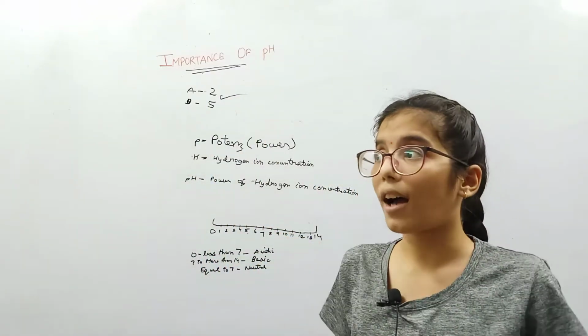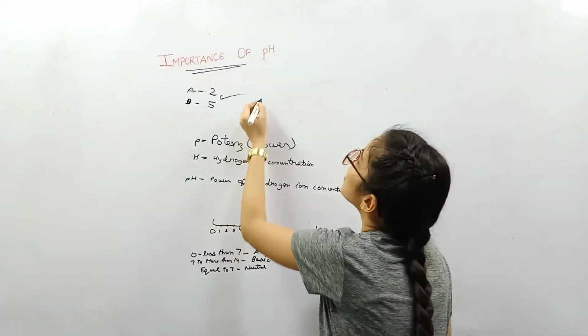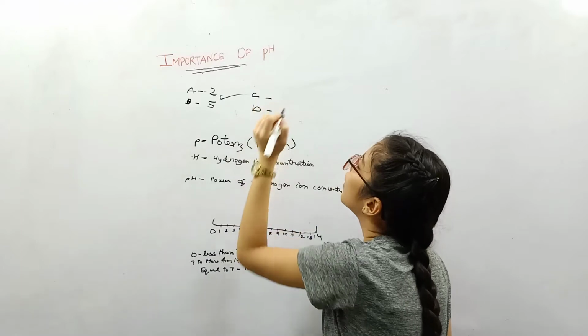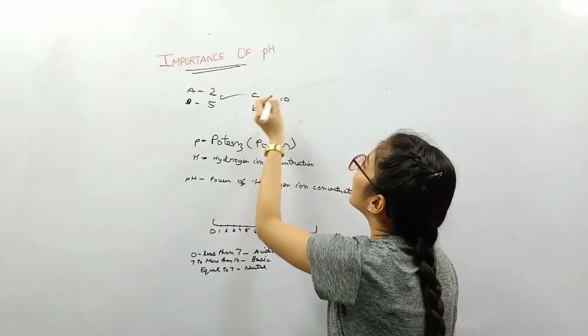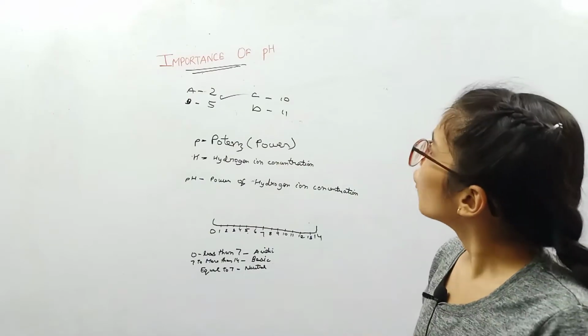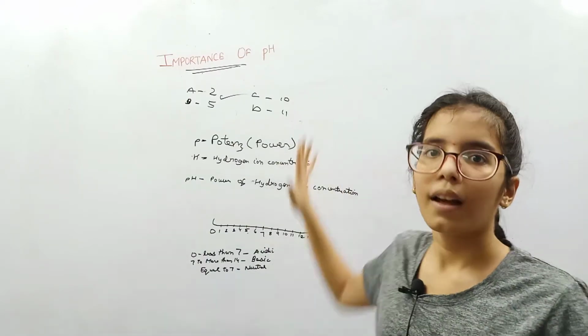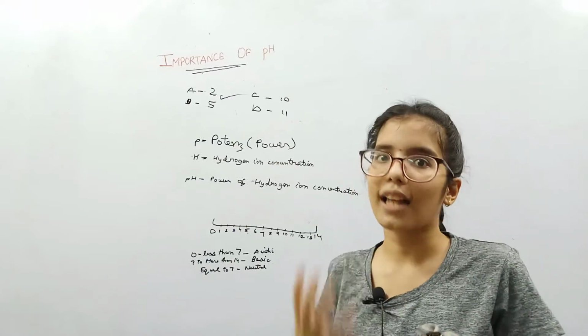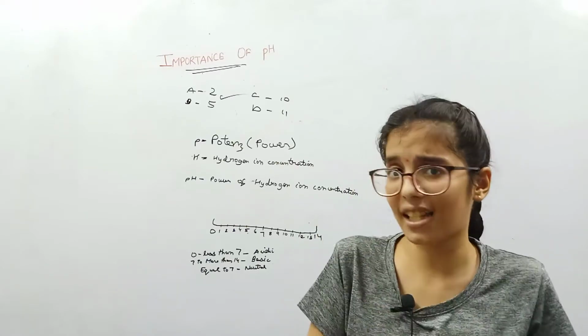And if I ask you about basic, if there are substances C and D, and C is 10 and D is 11, which one would be more basic? What is a base? We very well know that it is any substance that produces hydroxide ions in a solution.